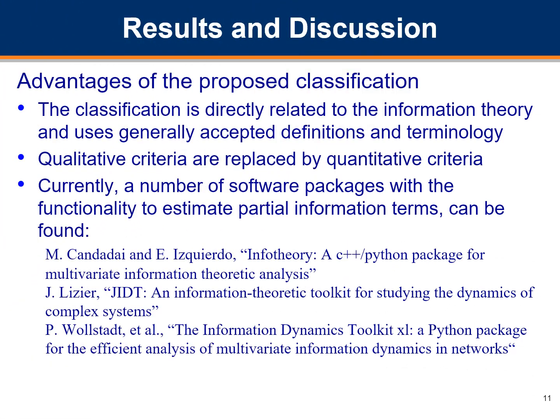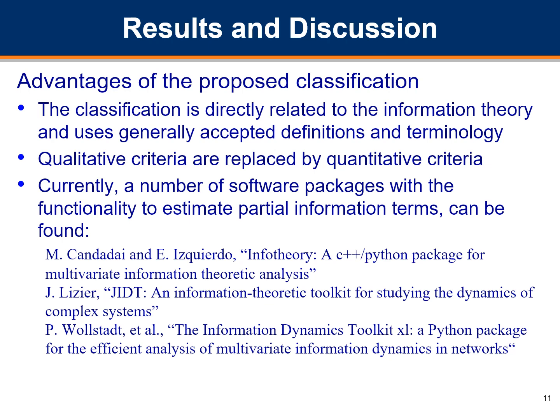The proposed classification has several significant advantages. The classification is directly related to the information theory and uses generally accepted definitions and terminology. Qualitative criteria are replaced by quantitative criteria in this classification. The configurations are divided into classes based on the amount of information, which is a measurable quantity.